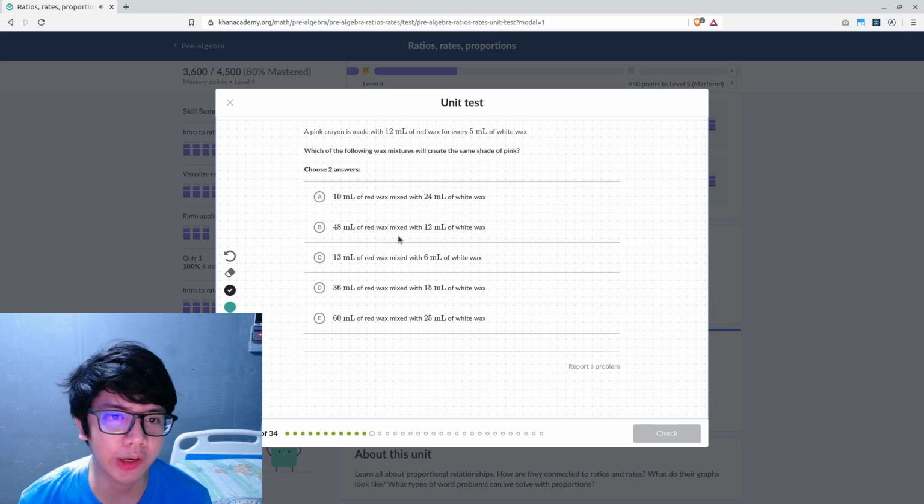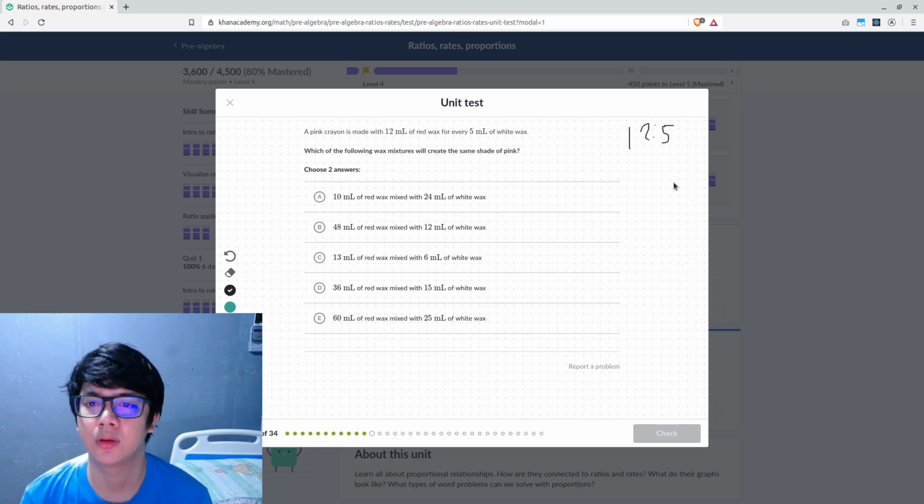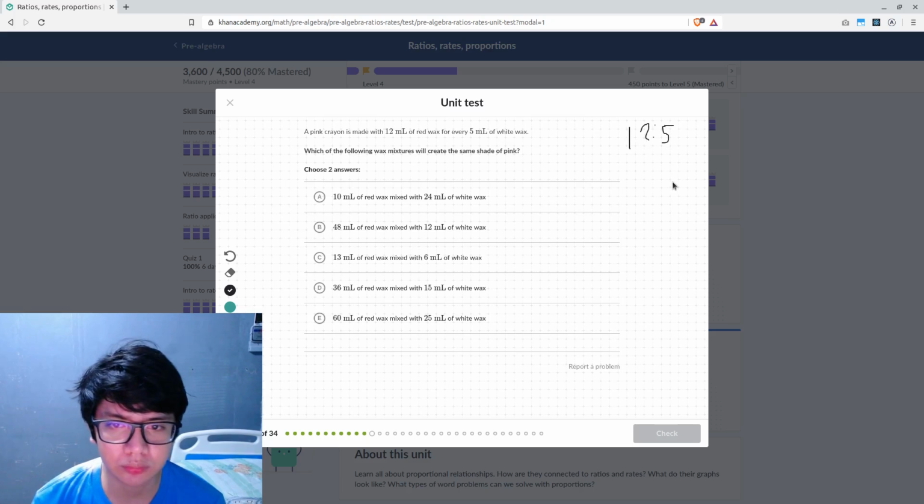A pink crayon is made with 12 milliliters of red wax for every 5 milliliters of white wax. Which of the following wax mixtures will create the same shade of pink? Okay, so let's see, two answers. It should be the same ratio of 12 to 5. White wax.